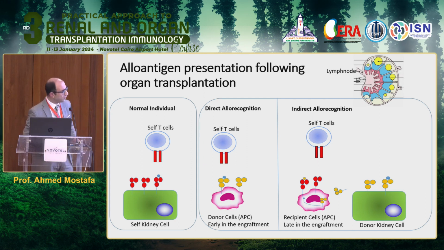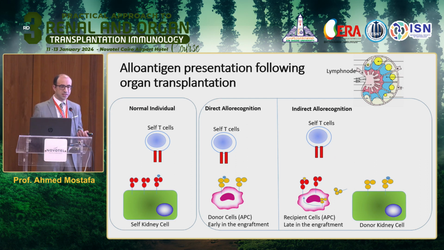But if we go to the transplanted organ, now you can see the kidney cell has a different HLA class 1 than the self. There are two different kinds of recognition: direct recognition and indirect recognition. The direct one happens very, very early in transplant. This is because when you transplant the kidney, it has some leftover donor cells inside it.